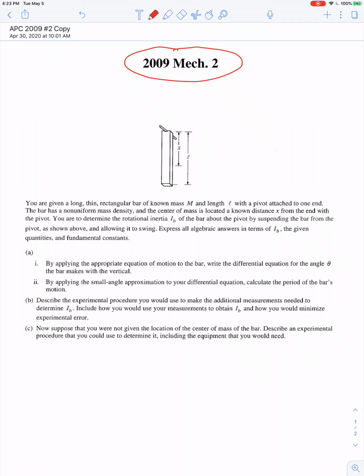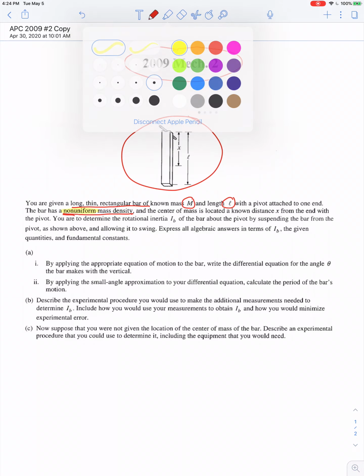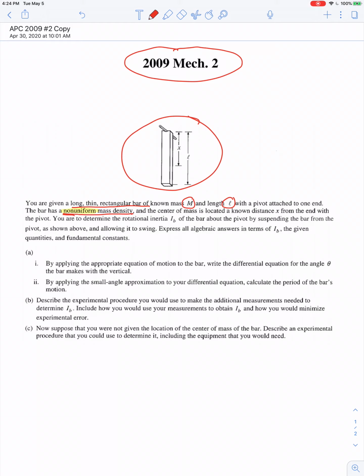The problem describes a long, thin, rectangular bar as pictured here. The mass is known, and the length is known. What we don't know is how the mass is distributed. We're told, and this is the key, that it's a non-uniform distribution of mass, so its center of mass does not lie at its geometric center.